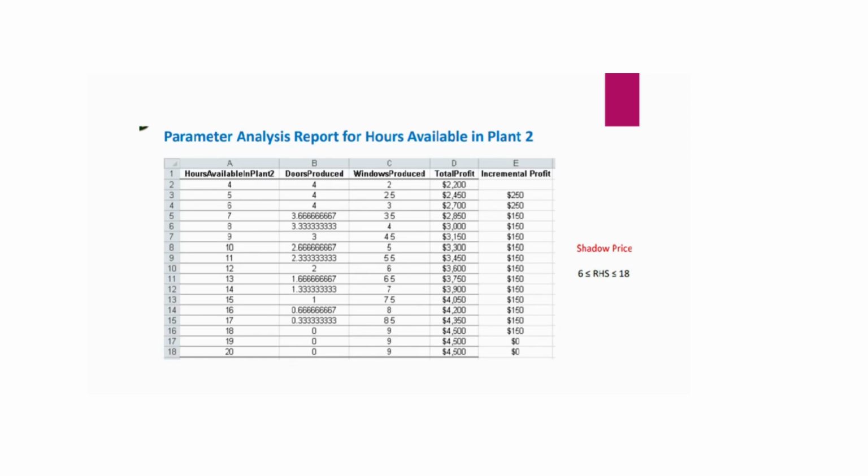And these are the different scenarios in terms of total profit. So we will focus our attention on column D, which is the total profit. Let's look at the effect on total profit as the hours available in Plant 2 were being changed.